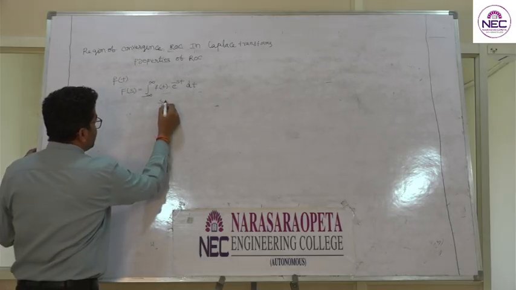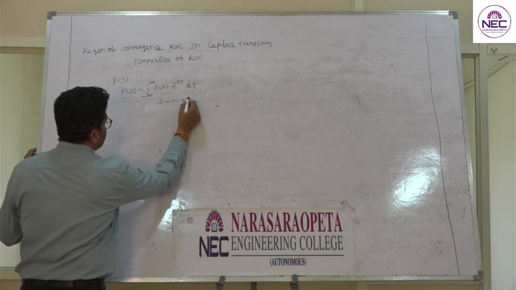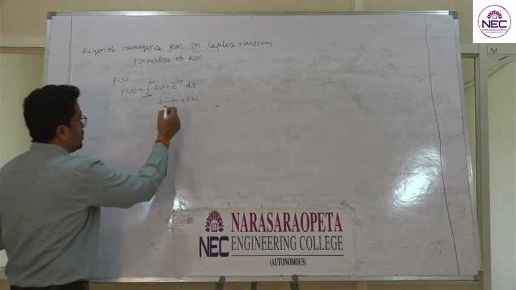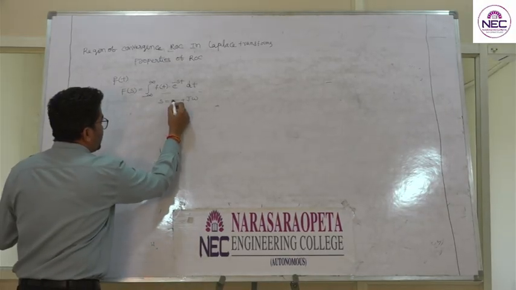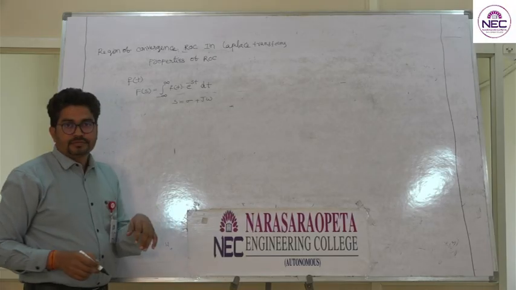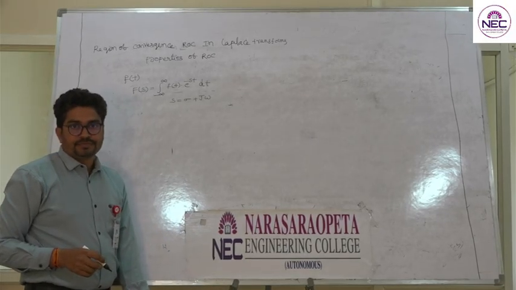S is equal to sigma plus j omega. Here sigma is the real quantity and j omega is the imaginary part.